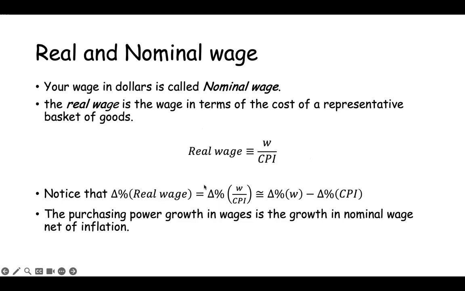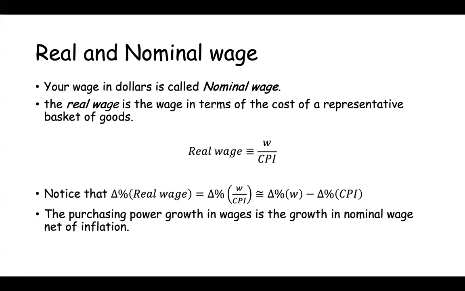And so with this formula, the percentage change in the real wage can be approximated by the percentage increase in wages minus the percentage change in the CPI, which, by the way, is the inflation rate. And so the purchasing power growth is the growth in wages net of the inflation rate.